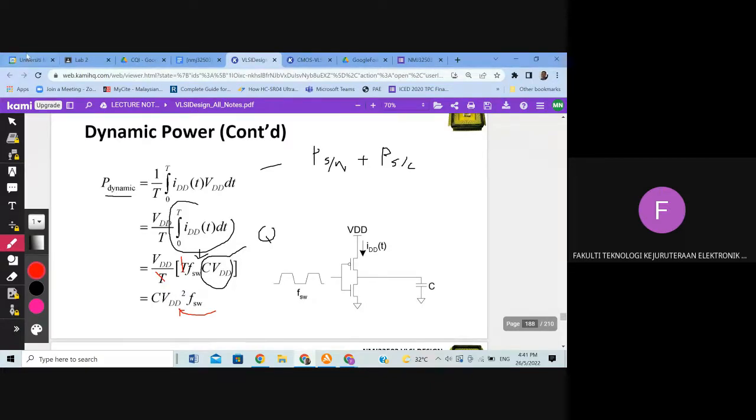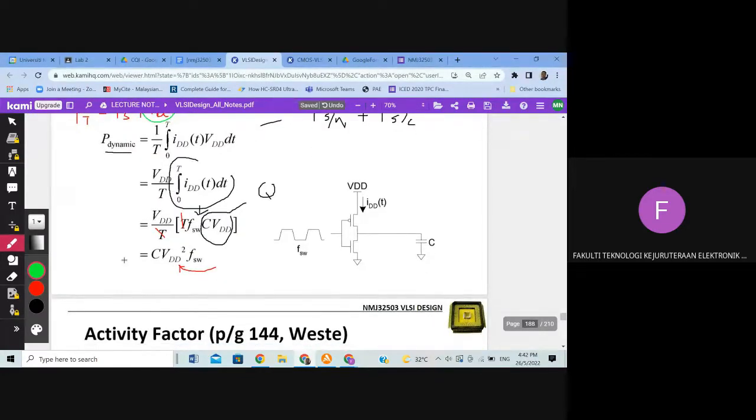So we have dynamic power. Before dynamic power, we have the equation of P total equal to P static plus P dynamic. We know that the P dynamic contributes more power to the P total, it is dominant, and that's why we're interested to look into the dynamic power. The dynamic power we have derived is equal to C V square F switching.